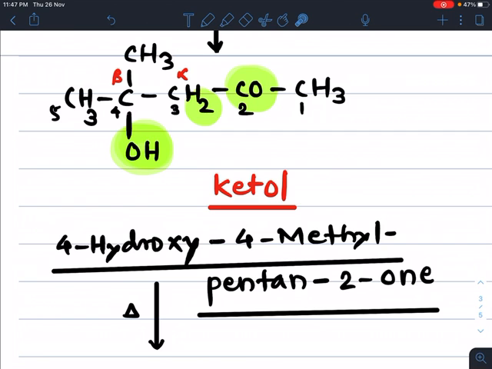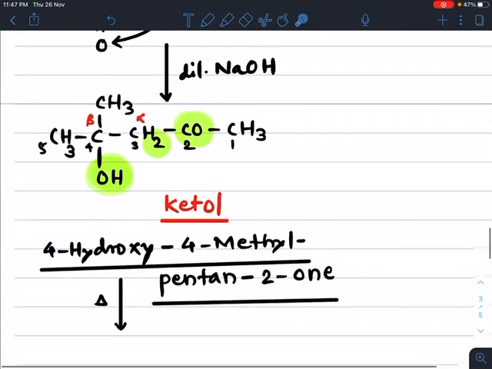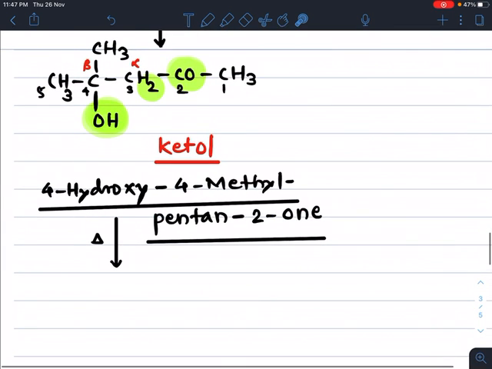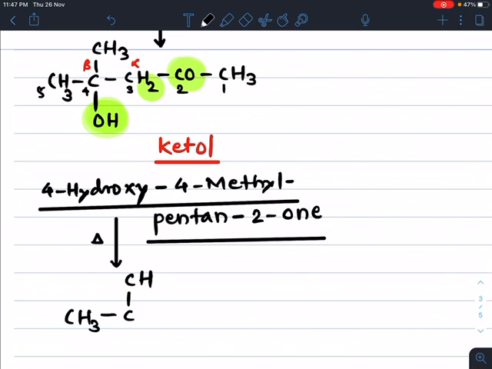So removal of a water molecule takes place and we get the final product. So what do we get? CH3, CH3, C, CH3 as it is, double bond CH, CO, CH3.